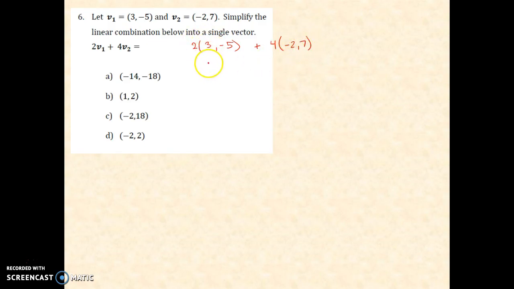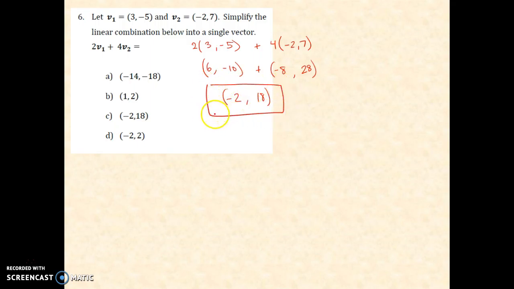So 2 times 3 is 6, 2 times -5 is -10, 4 times -2 is -8, 4 times 7 is 28, and now we add the like components. So 6 and -8 is -2, and -10 plus 28 is 18. So my single vector is -2, 18.